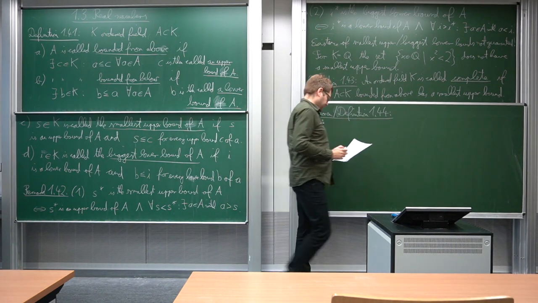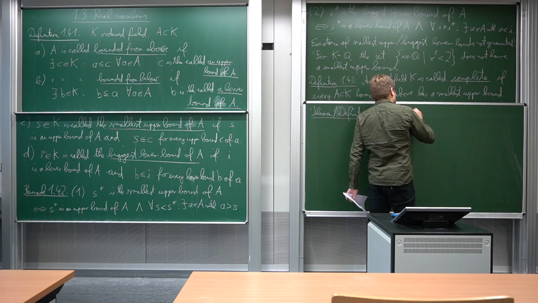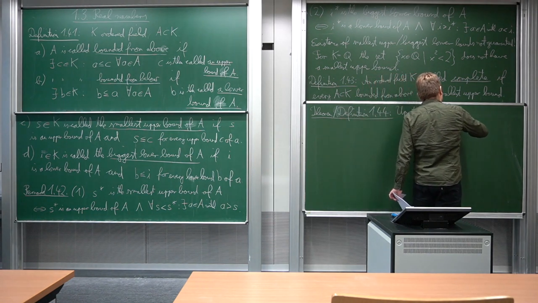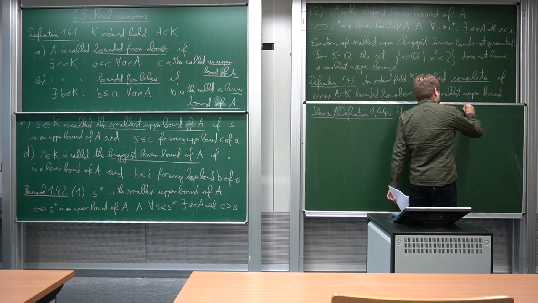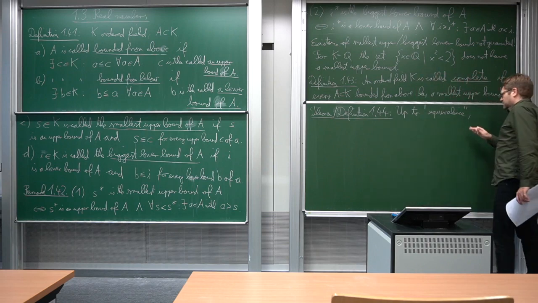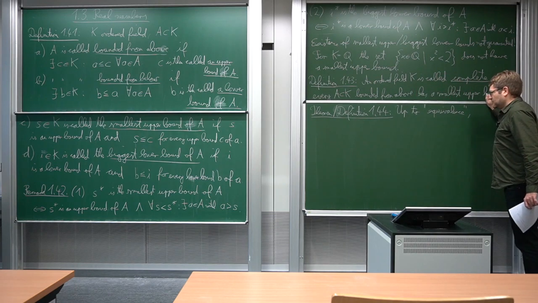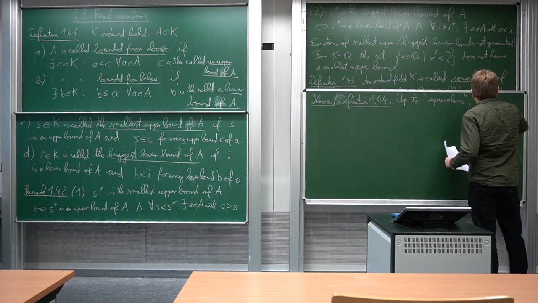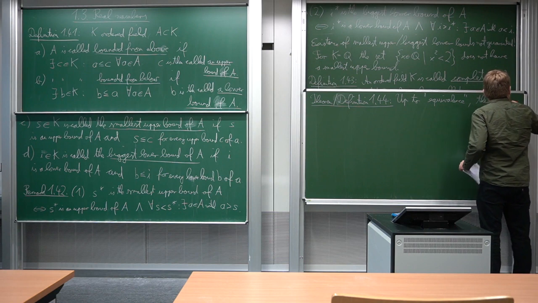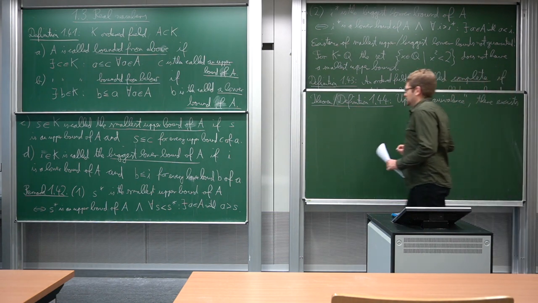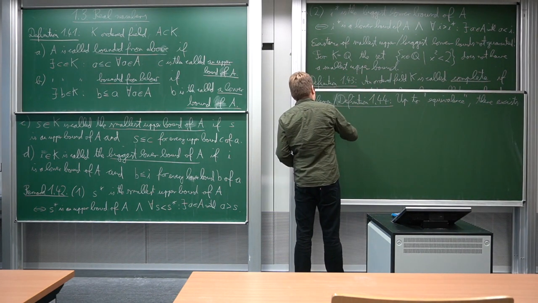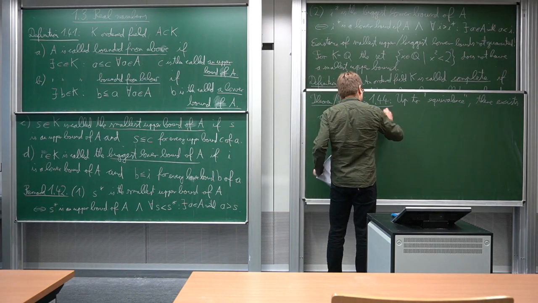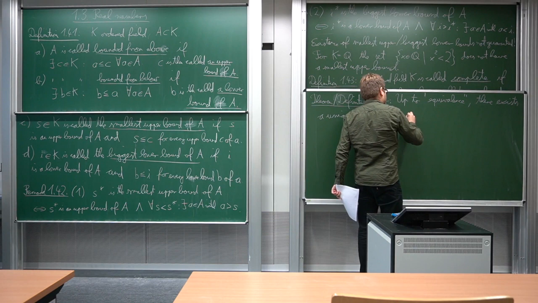So the idea is, up to equivalence, and I'm being very imprecise here, the mathematically correct notion would be isomorphism of fields, but this doesn't matter here. Up to equivalence, there exists a unique complete ordered field.